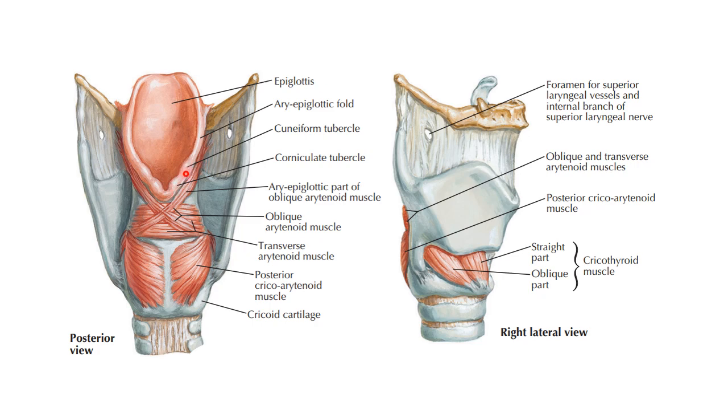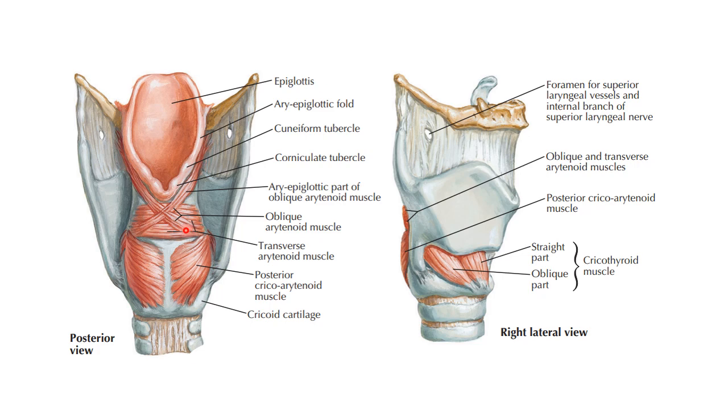Next, you have here the oblique arytenoid muscle. So it is slanting in appearance, and it connects the arytenoid with the epiglottis. Okay, and then you have here the transverse arytenoid muscle, which we can appreciate later on in a better view.